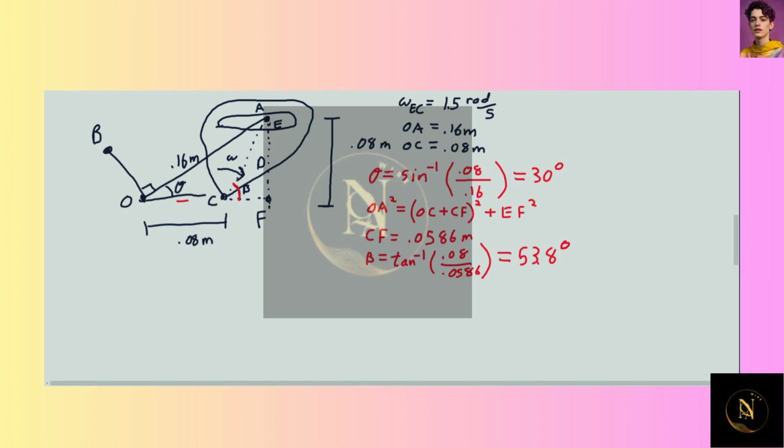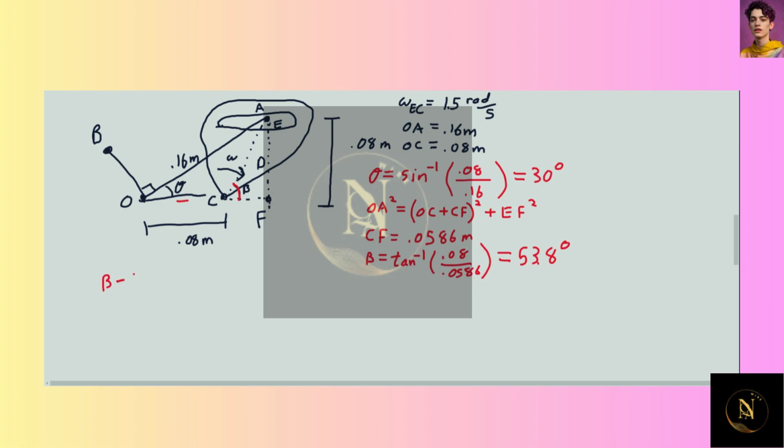And there are a couple more quick angles to look at here. We know that this angle up top here, let me make sure I get the right angle for a second here. So we want to look at the difference between beta and theta.